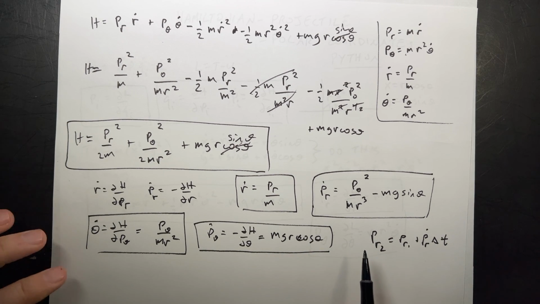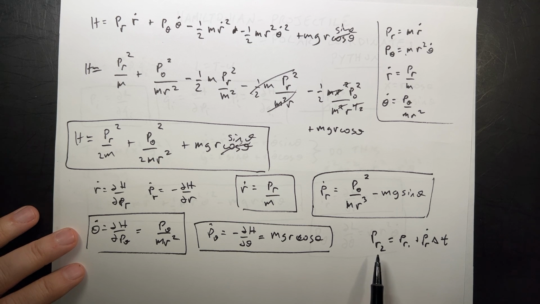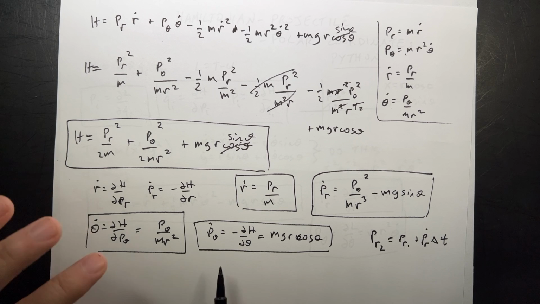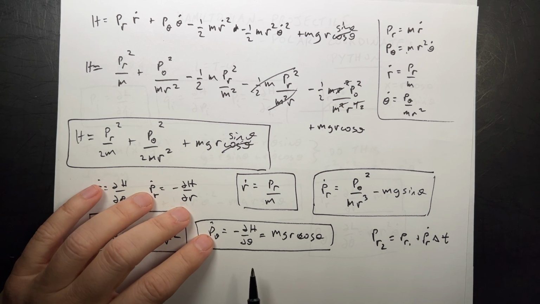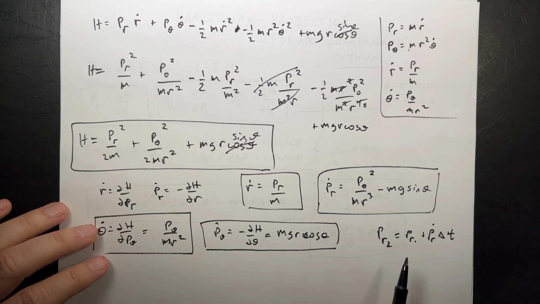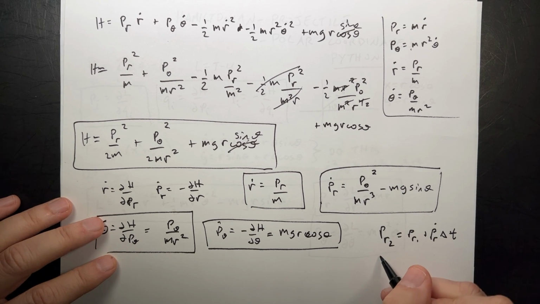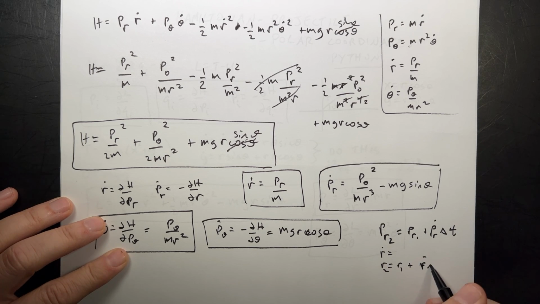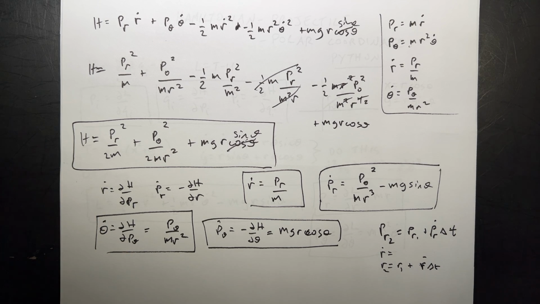And then I can use that to calculate r dot. Right there. And then I'm going to update r. r2 is r1 plus r dot delta t. And then I can do the exact same thing for p theta.